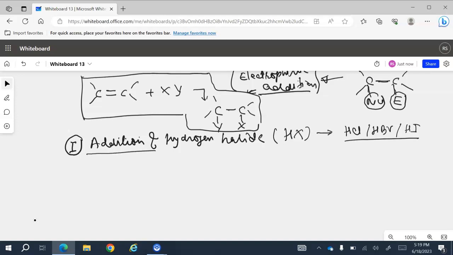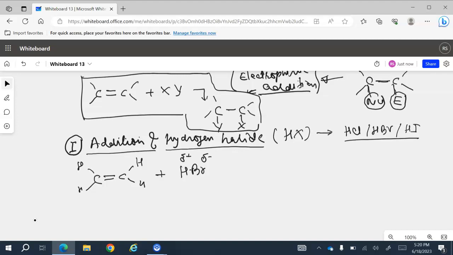Now, let us start with one simple example of an alkene, that is ethene, with a carbon-carbon double bond. Let's pick one hydrogen halide, for example HBr. Here, hydrogen is slightly positive and bromine is slightly negative, so hydrogen acts as the electrophile and bromine acts as the nucleophile.